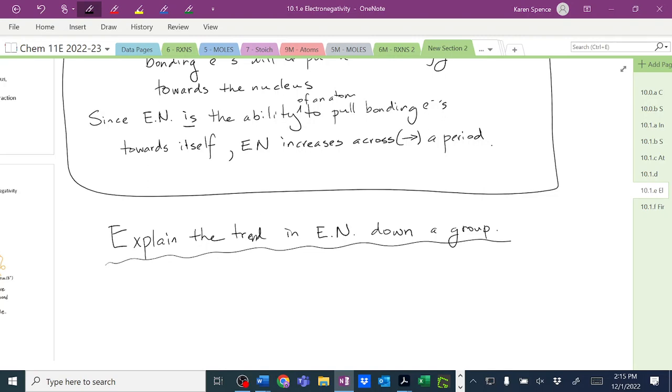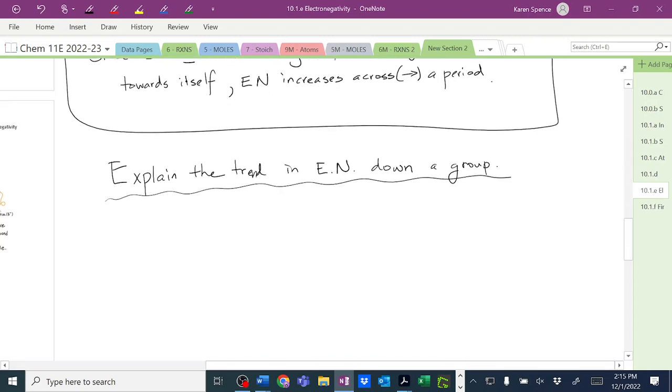How are we doing? We good? Okay. So what's one of the first things we should explain? The number of occupied energy levels, or occupied shells, increases down a group.